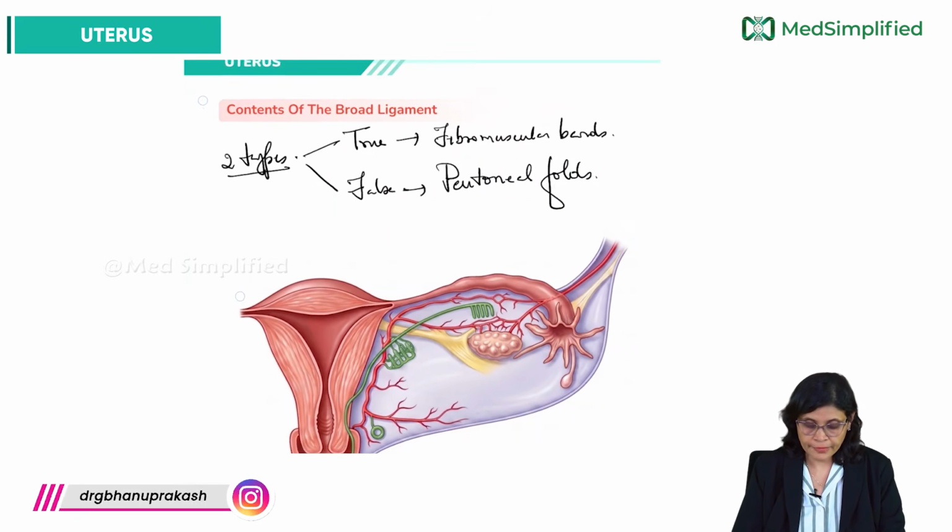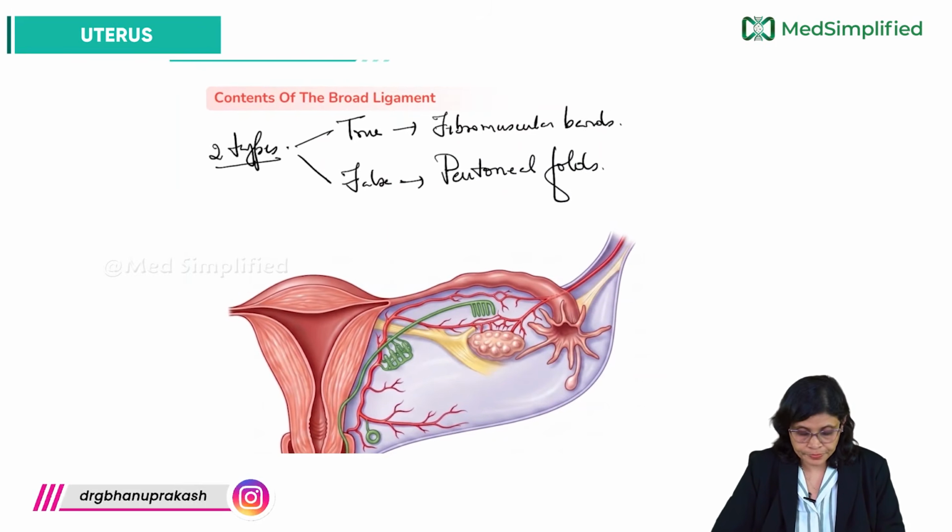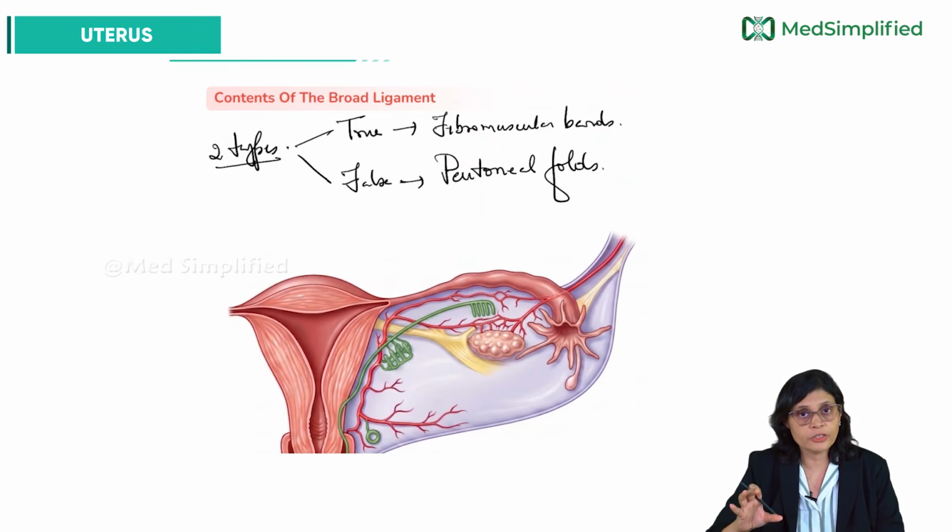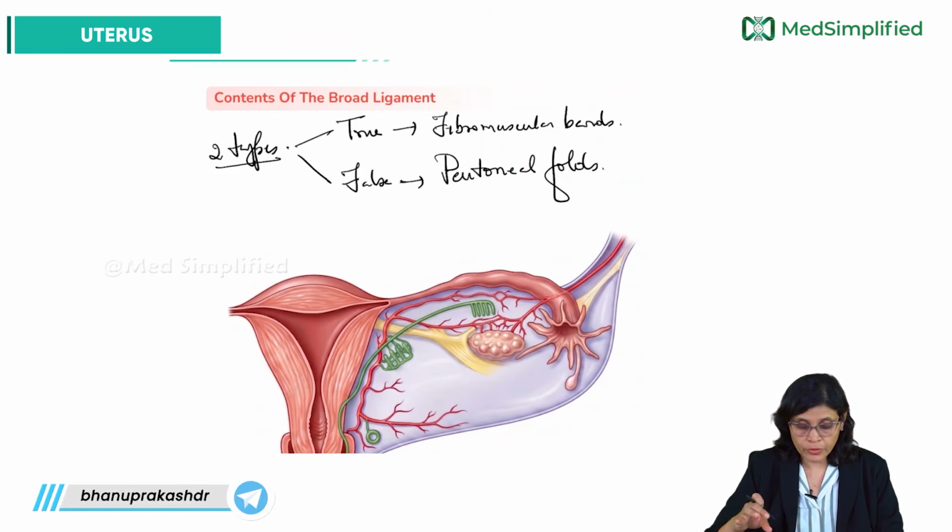The peritoneal folds do not provide support to the uterus, whereas the fibromuscular bands provide support to the uterus. That is why we call them the true ligaments.